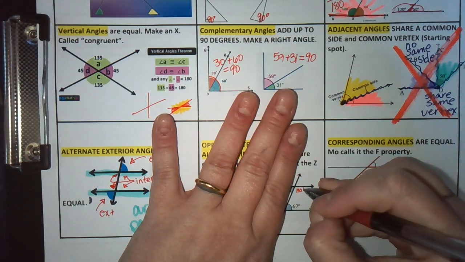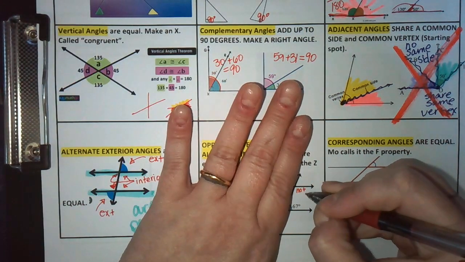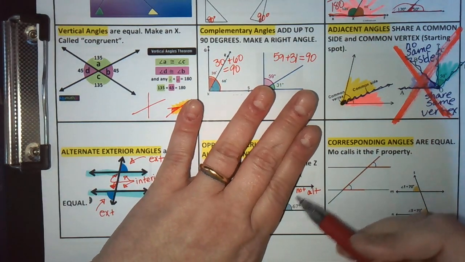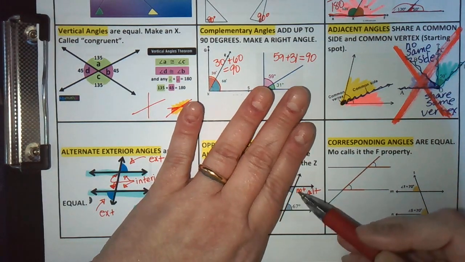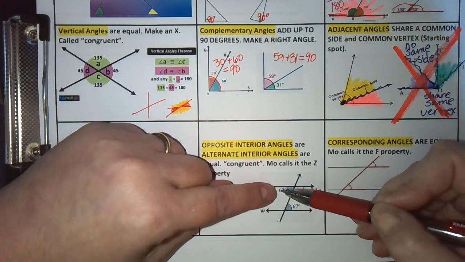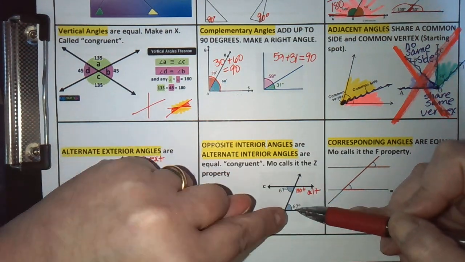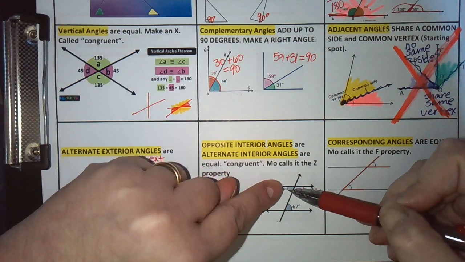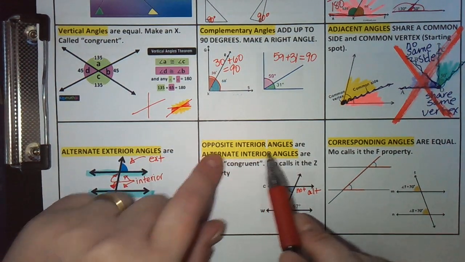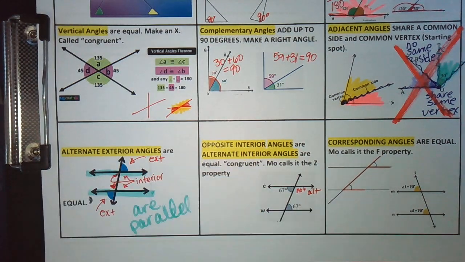This is not an alternate interior angle because it's on the same side of the line. But this other 67 degrees is alternate because it's on the alternate side of the line, or the opposite side of the line. Another word for alternate interior is opposite interior.